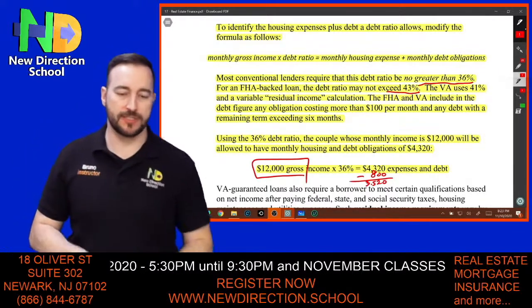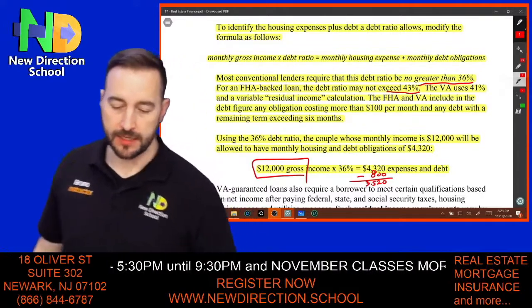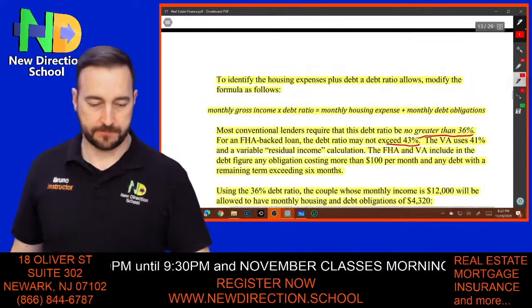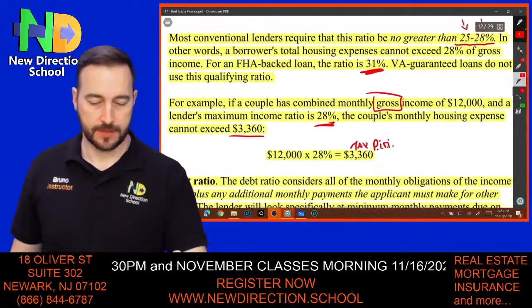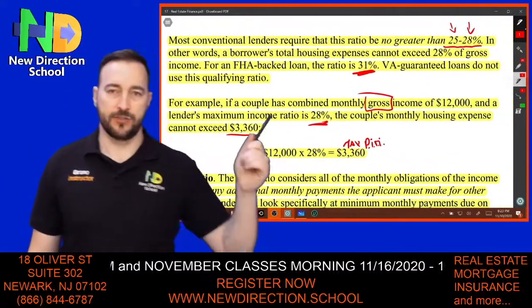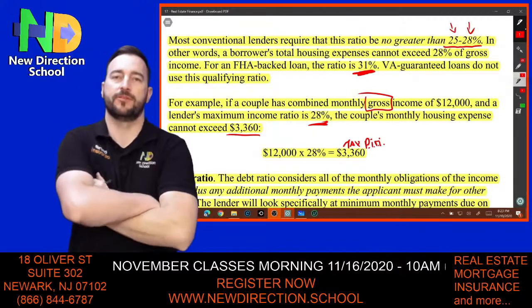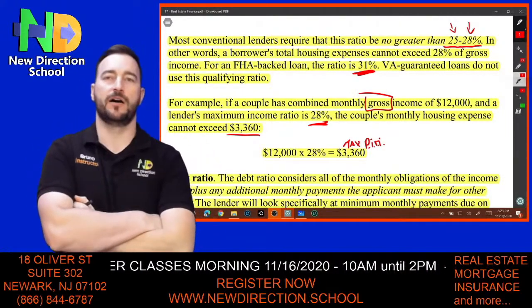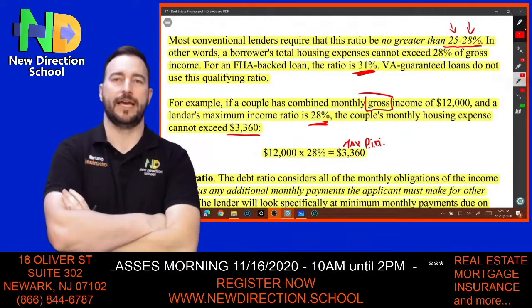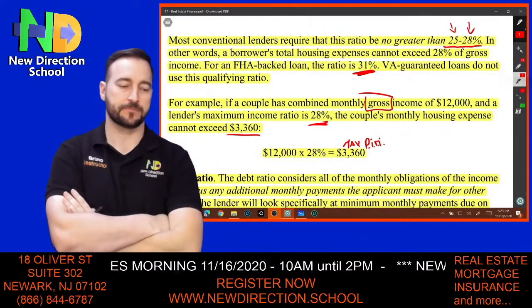You'll have a question in the state exam, which will be, for instance, right here. Let's look at this. This could be a question in the state exam. They'll say a couple that has a combined income of, let's say, $80,000 a year.